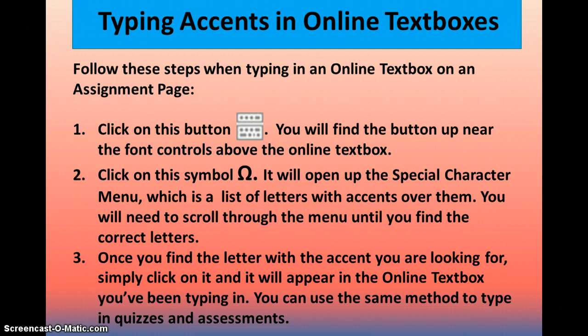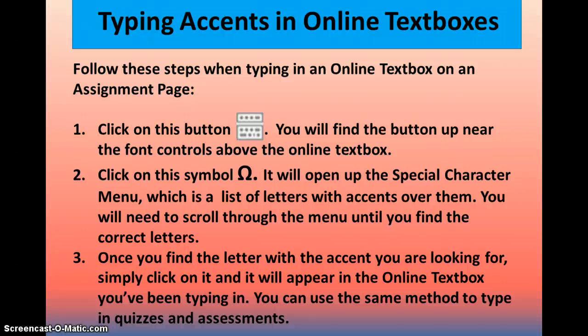Okay, you may also need to type accents in online text boxes. So follow these steps when typing in an online text box or in a text box on an online quiz or assessment. Look in the font controls above the online text box and you will see a button that looks like the picture. Click on that button.